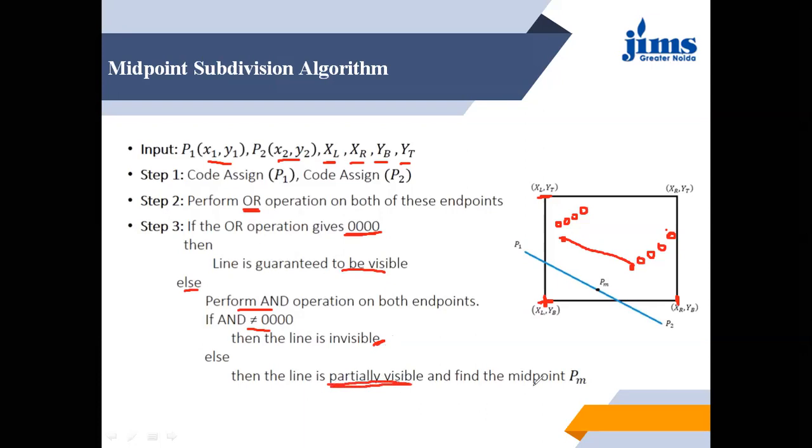In that case, we have to find the midpoint of line P1 and P2; for example, that is PM. Then we apply the same procedure to two lines: one line is PM P2 and the second line is P1 PM.